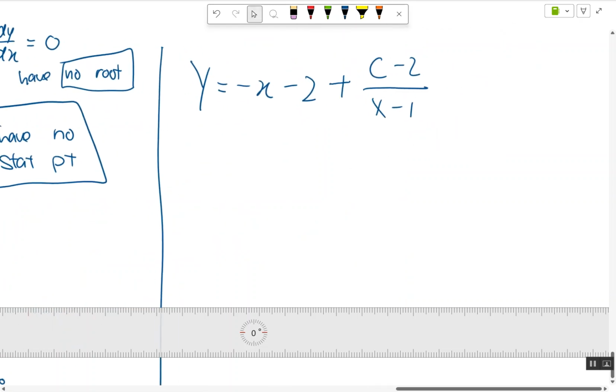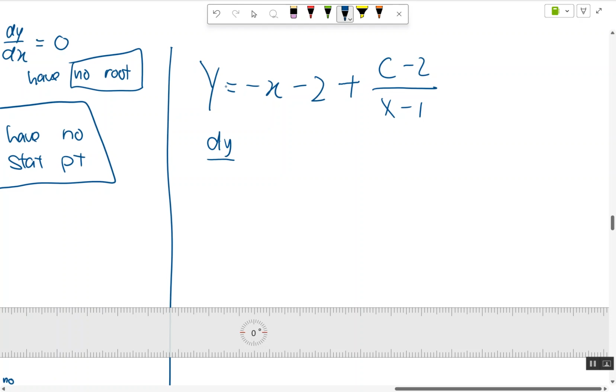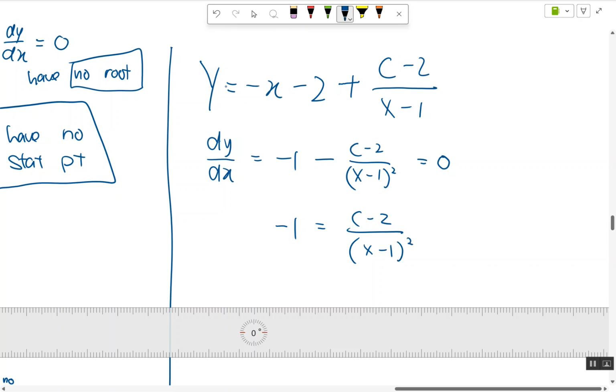So dy/dx equals minus 1 minus c minus 2 over x minus 1 squared. So your workings is like, this equals to 0, right? Minus 1 equals c minus 2 over x minus 1 squared. This one is actually easier to get. This part can understand?